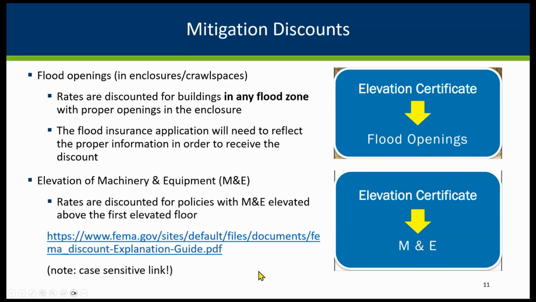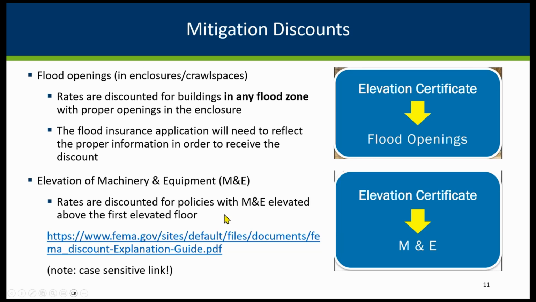There are discounts for the flood insurance rating if they have proper flood openings, and they only get the discount if they've got the proper number of openings and they're the proper size. We'll be seeing that they get into a lot more detail now on the elevation certificate about documenting what kinds of flood vents are there, and we'll get into that in a few more slides.